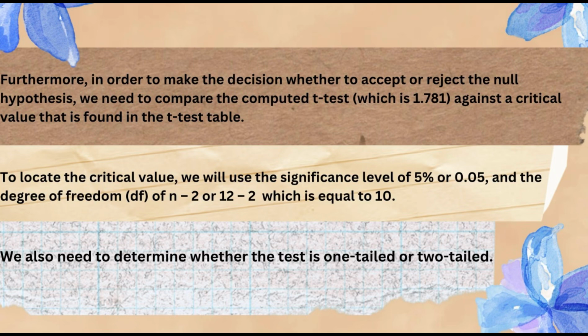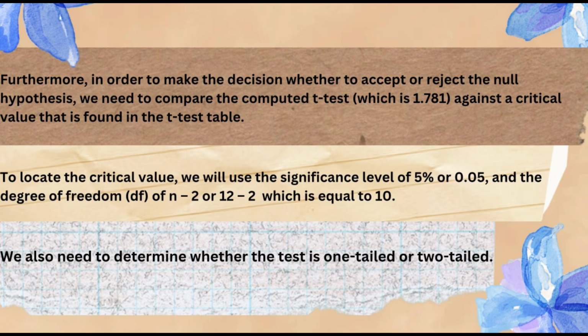So next we need to decide whether to accept or reject the null hypothesis. To do this, we will compare the computed t-test value, which is 1.781, to the critical value from the t-table. To find the critical value, we use a significance level of 5% or 0.05 and the degrees of freedom, which is calculated as n minus 2.